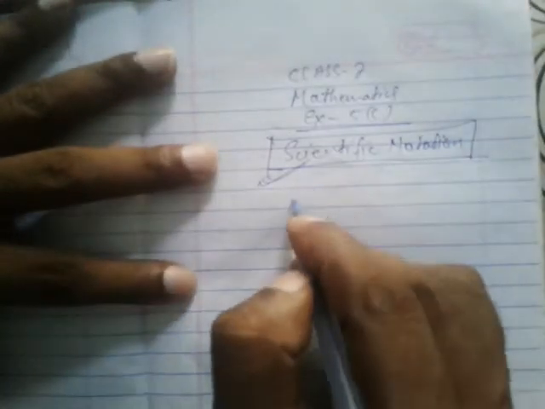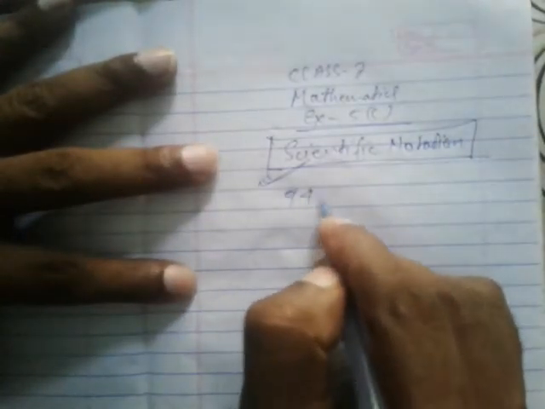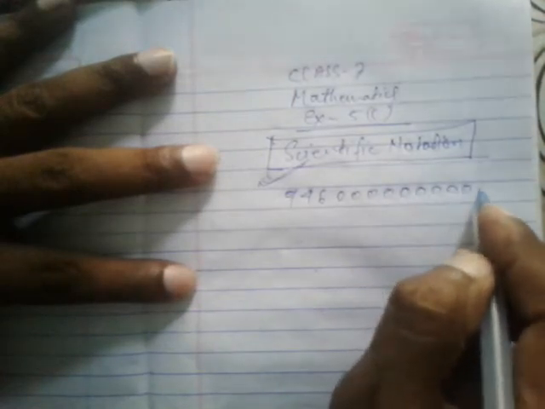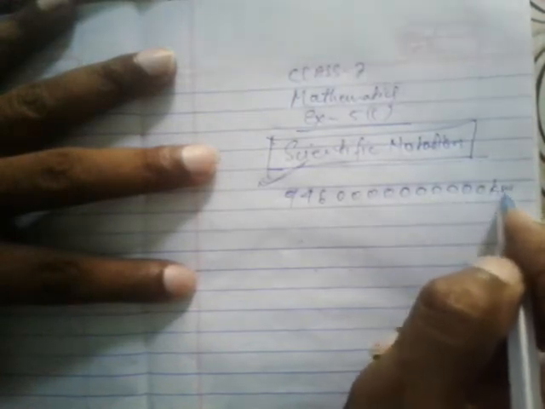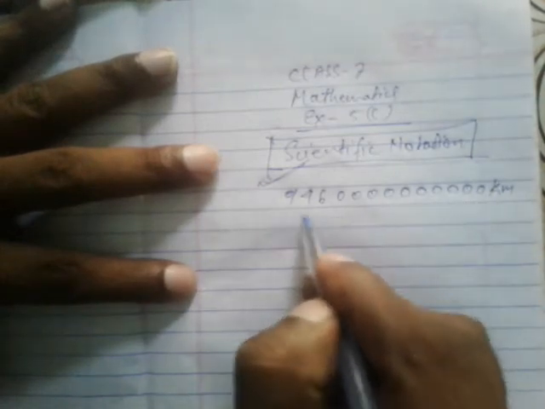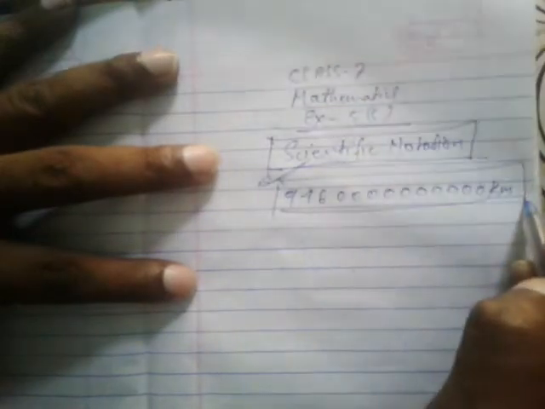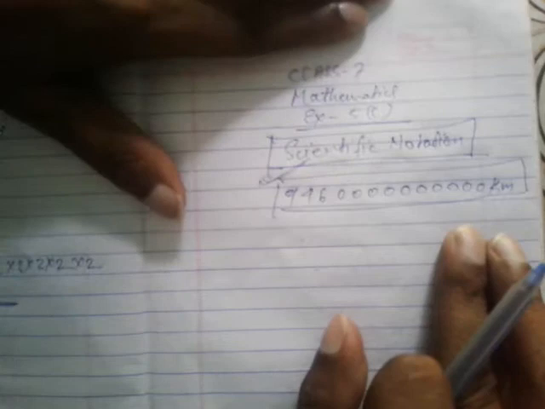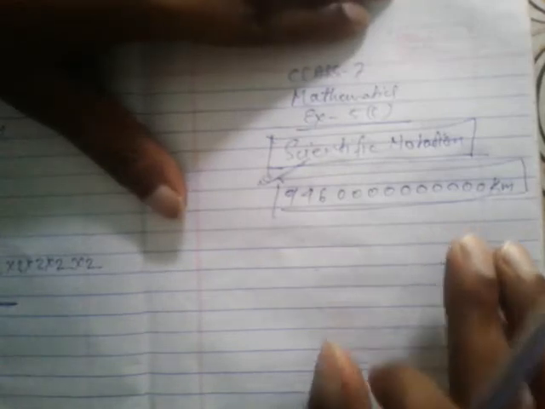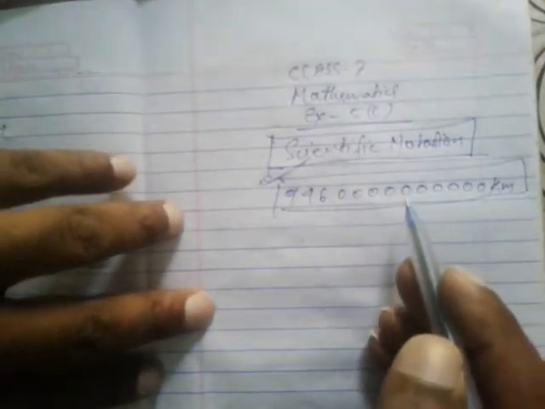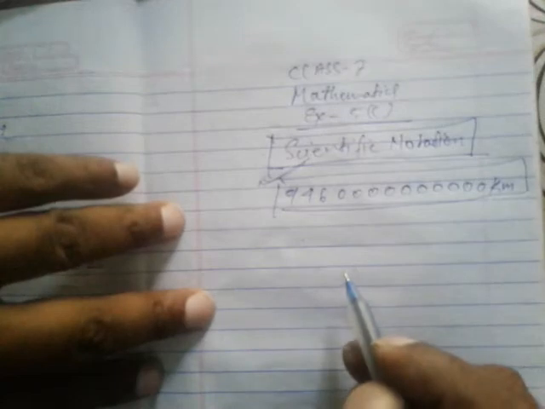Suppose that we have 94600000000, and suppose that's in kilometers. If you write this large number again and again, two or three times or many times, you will most probably face some problem or make a mistake in writing it.